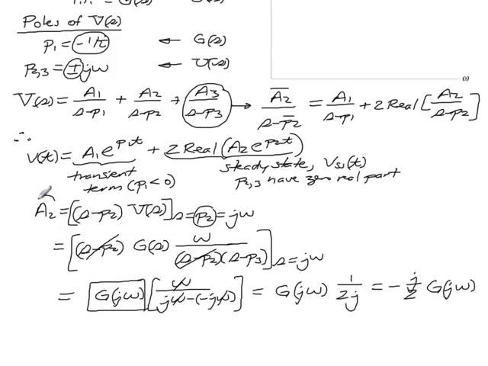When we evaluate a residue, we set S equal to that pole, and that pole was j omega. That's always going to be the case when we have sinusoidal excitation. So our process has been that we take our complex residue A2, multiply that by the complex exponential, sort out real and imaginary parts, and drop the imaginary part.